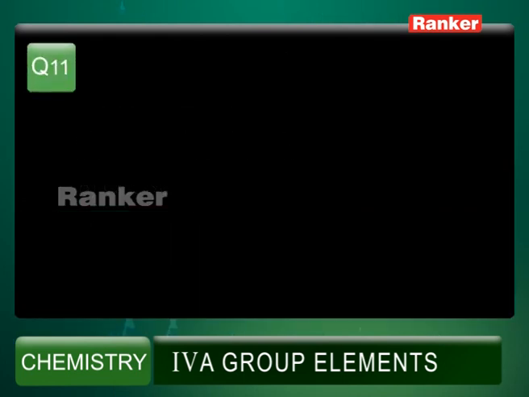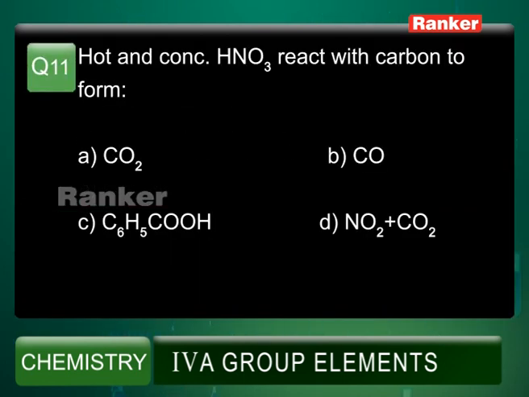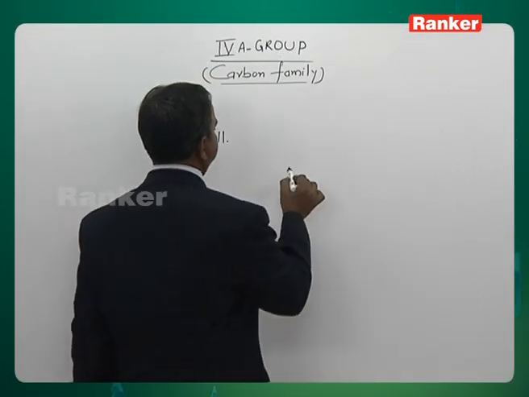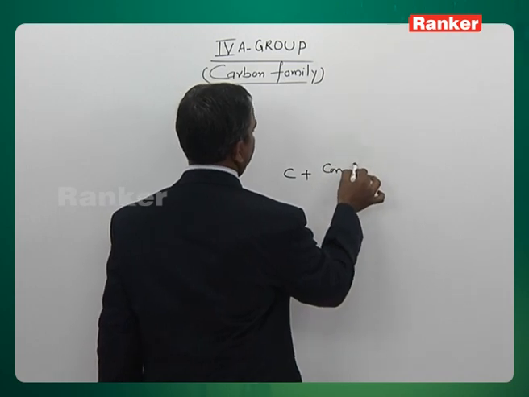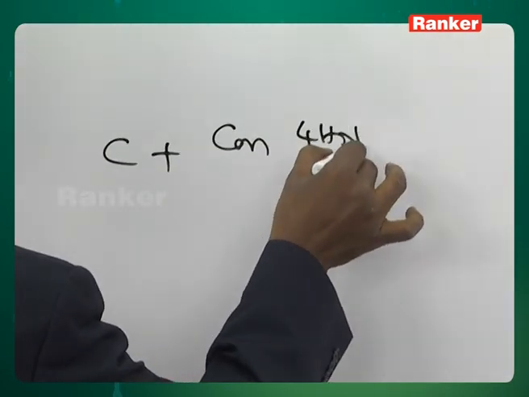Question number 11. Hot and concentrated HNO3 reacts with carbon to form: A, CO2; B, CO; C, C6H5COOH; D, NO2 plus CO2. Let us say simply carbon plus hot and concentrated HNO3.